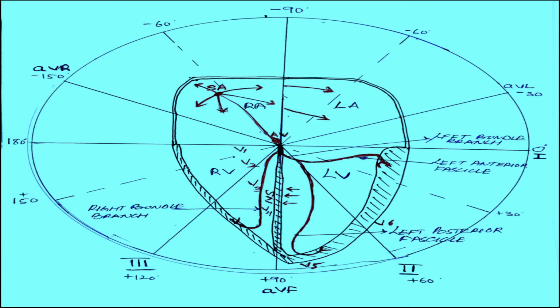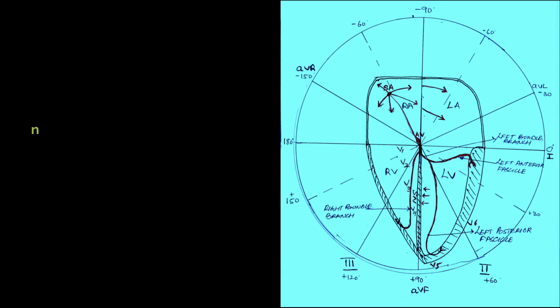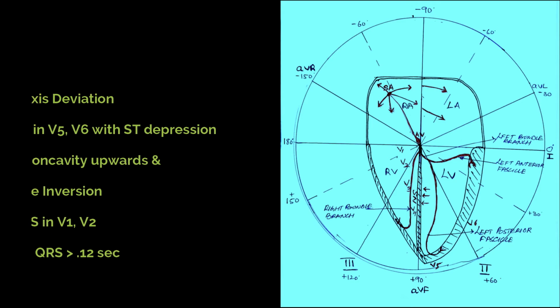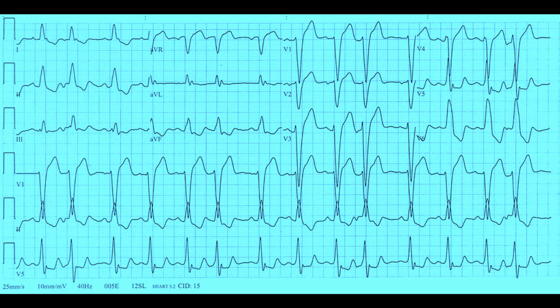What is important is that the impulse is spreading from one chamber, the right ventricle, to the other chamber, the left ventricle. So there is a delay in the spread, and that broadens the QRS. The complete criteria for left bundle branch block would be tall R in V5, V6, deep S in V1, V2, and broad QRS, that is more than 3 small squares. 1 small square is 0.04 seconds and 3 small squares will be 0.12 seconds.